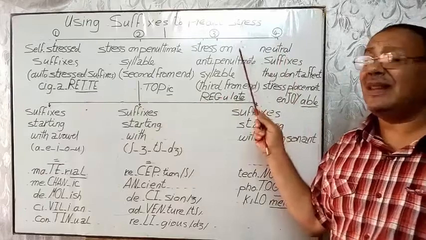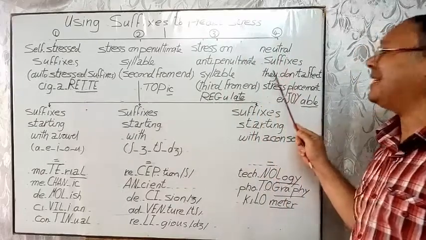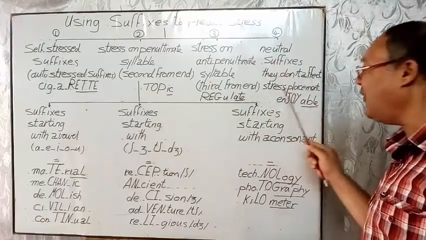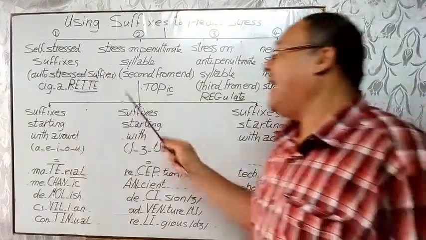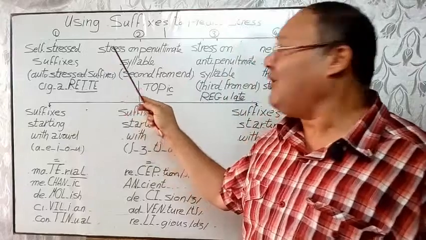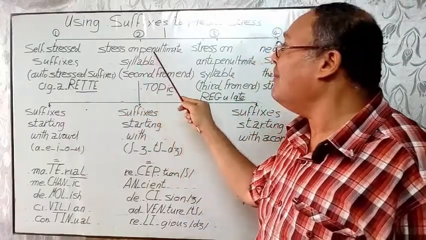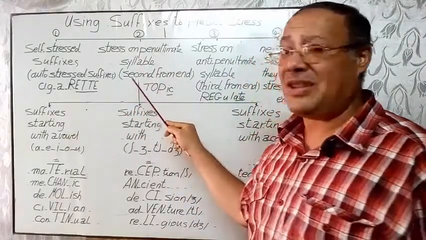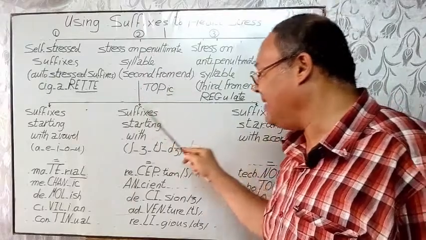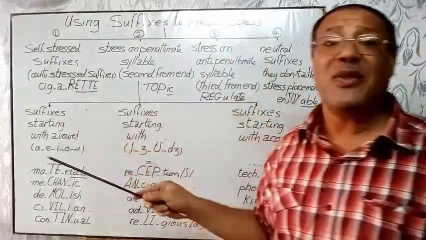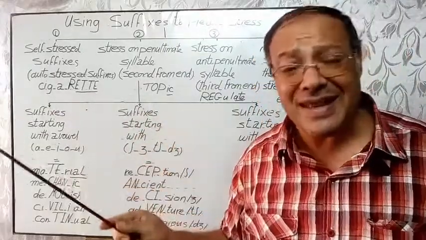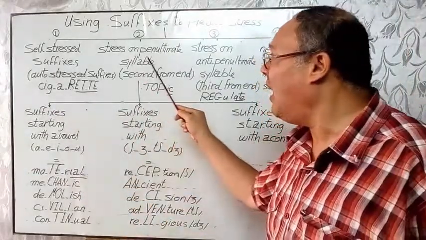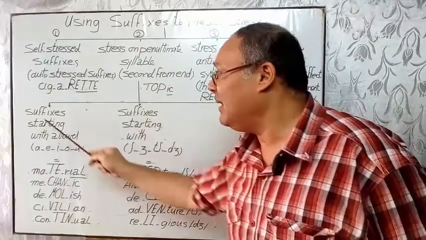We have neutral suffixes. They don't affect stress placement, like enjoyable. As for stressing the word on the penultimate syllable, which means the second from end, we have three major types of suffixes stressing the word on the penultimate syllable.